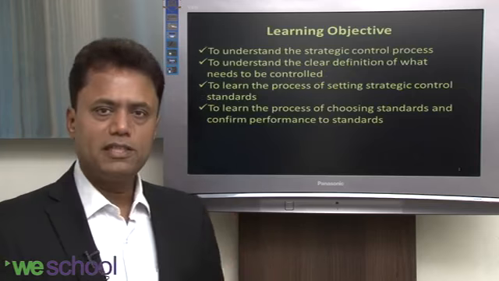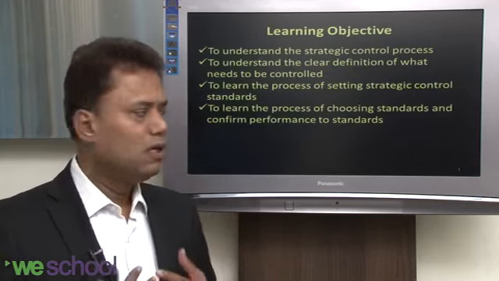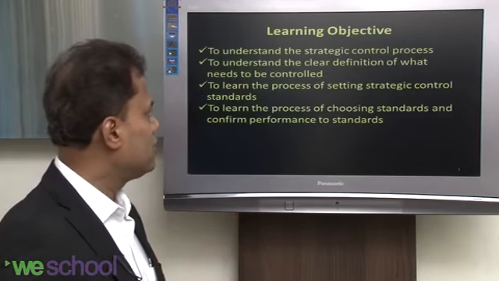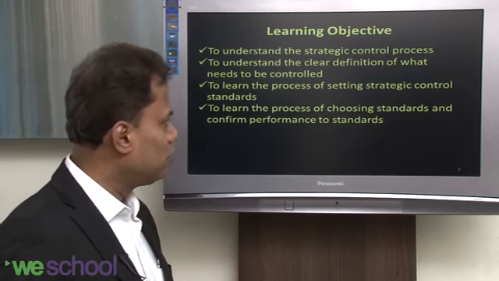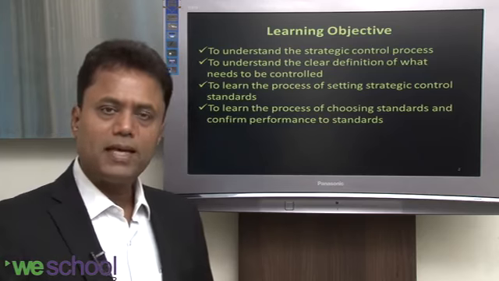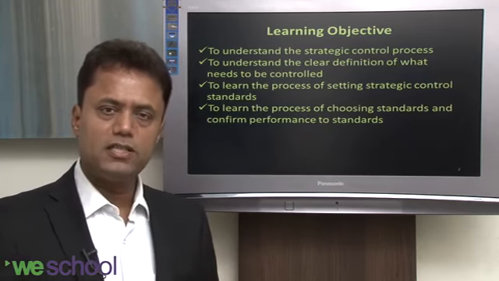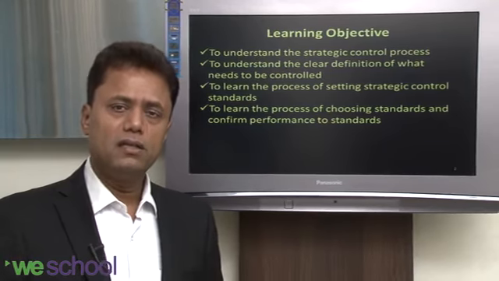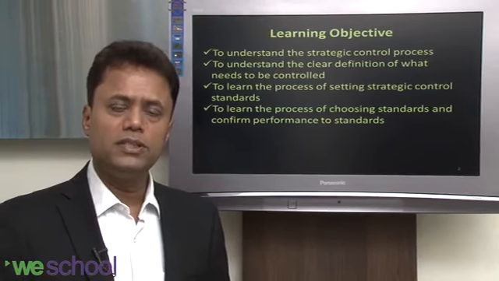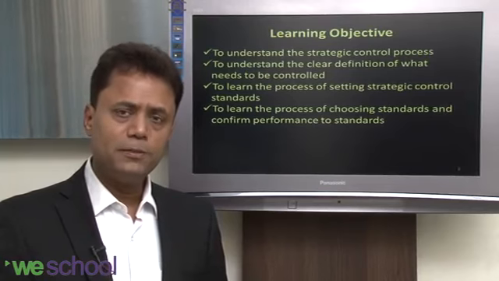The learning objectives are how strategic managers, in the strategic control process, are able to make adjustments and course corrections, and set baselines and benchmarks for the different strategic objectives.